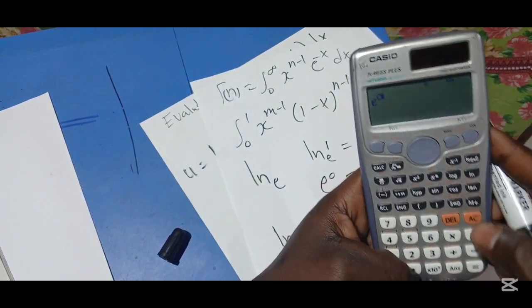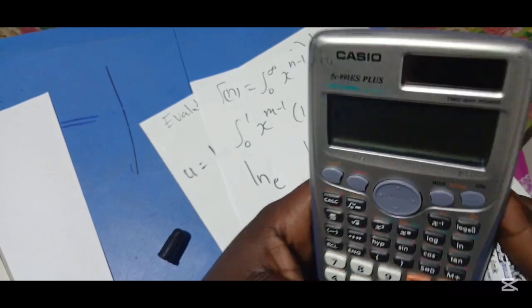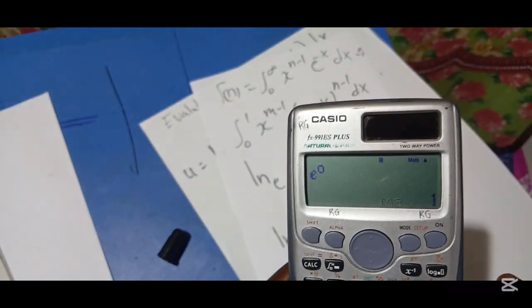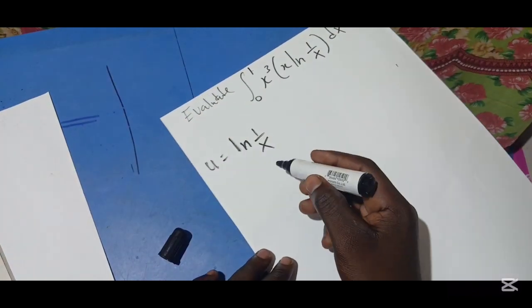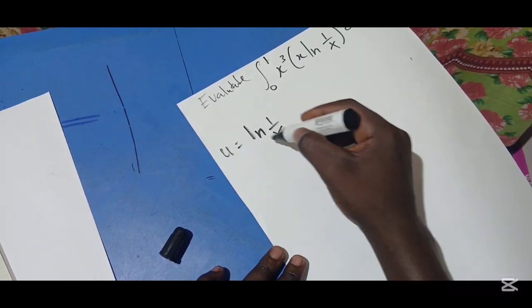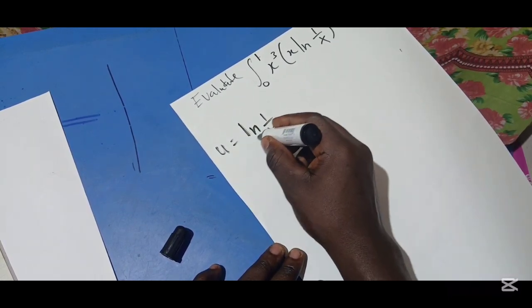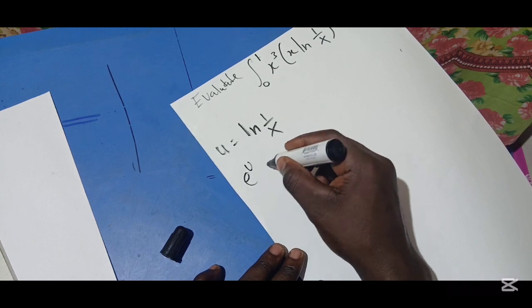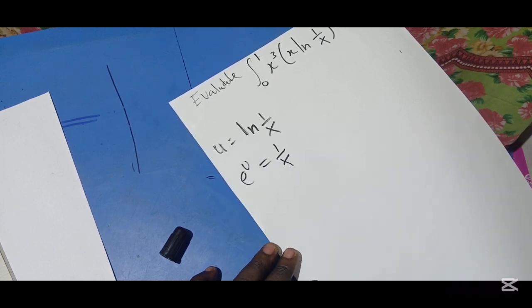So this is to tell us that e to the power u equals 1 on x.